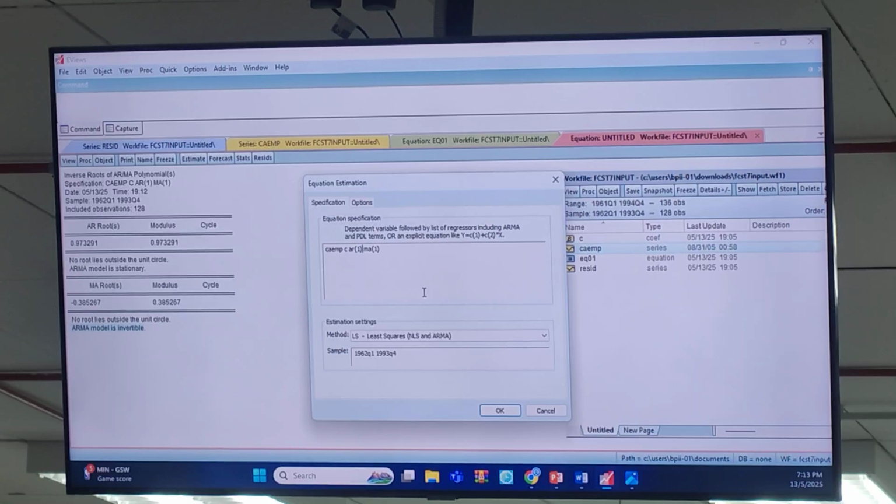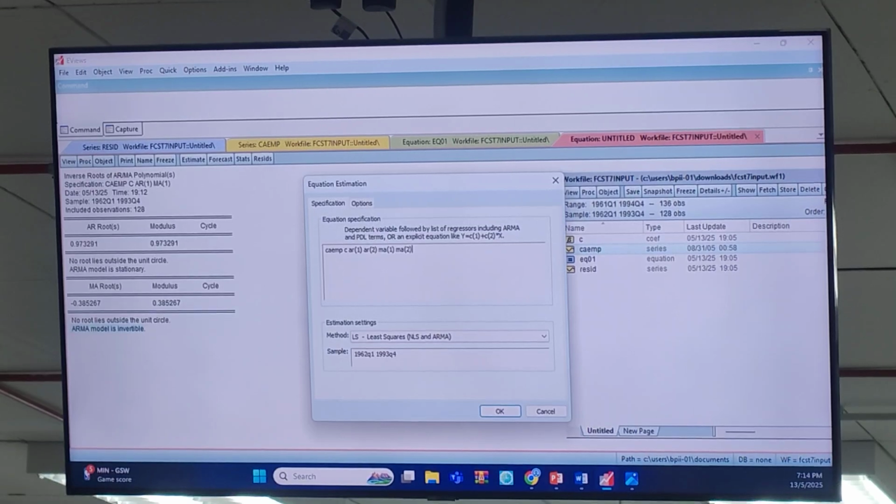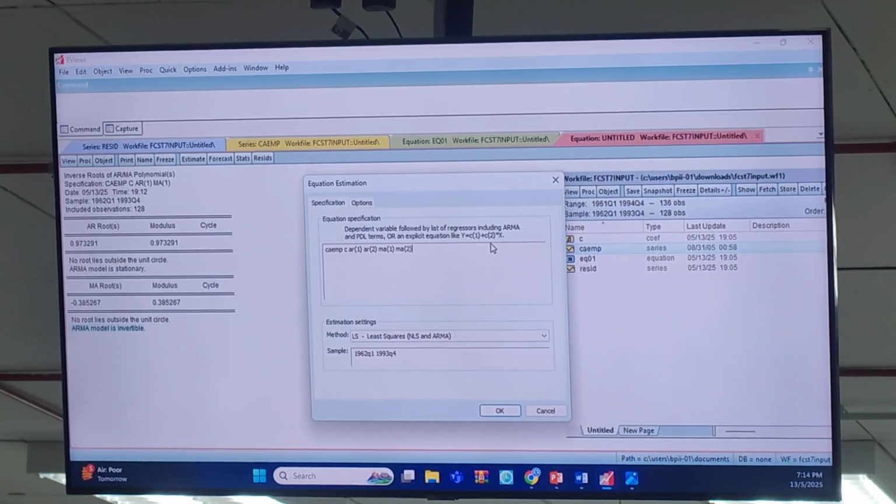So how about ARMA(2,2)? You have to put AR2 and MA2.